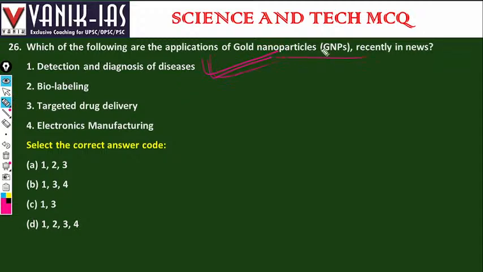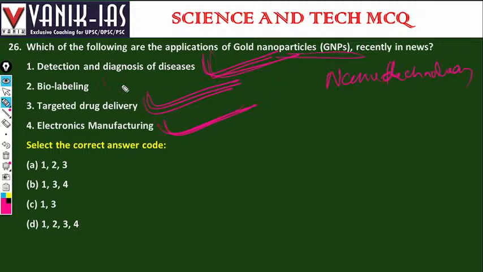See, nanotechnology can be used for detection and diagnosis of diseases, right? Bio-labeling, targeted drug delivery, this is a function of nanotechnology. Electronics manufacturing is also a function of nanotechnology. So obviously 1, 3, 4 are right. And bio-labeling is also an application of nanotechnology. So all the statements are correct regarding gold nanoparticles.